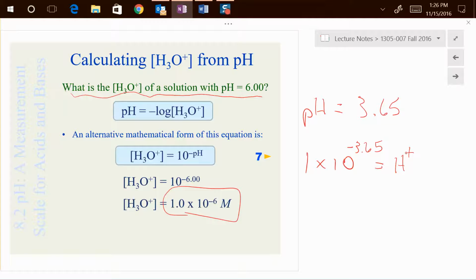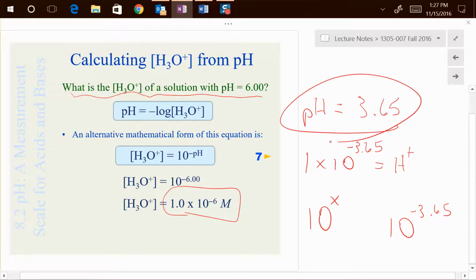If you find the anti-log, you usually hit shift log and it says 10 to the x. And you would enter it in your calculator as 10 to the negative 3.65. Okay? And that would tell you what the H plus ion concentration of a solution is that has a pH of 3.65. Okay, somebody find it?